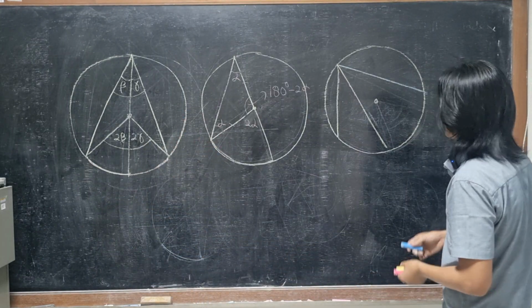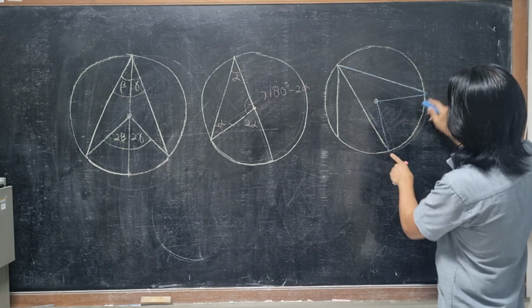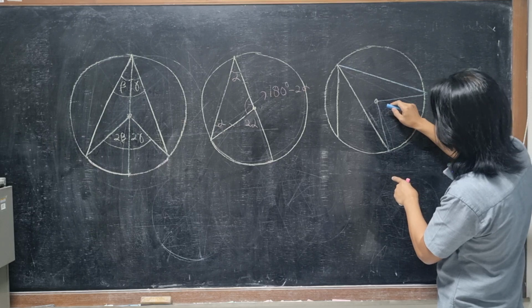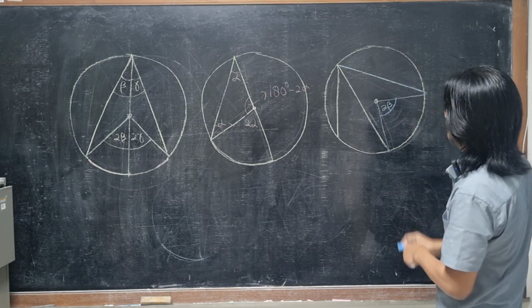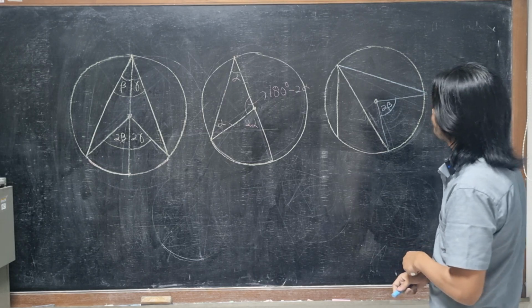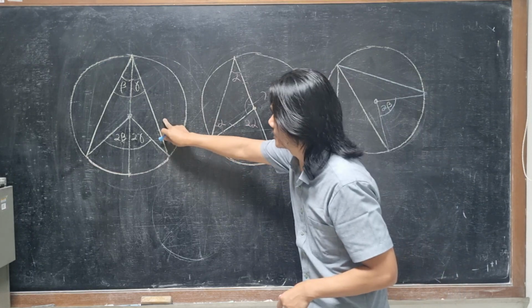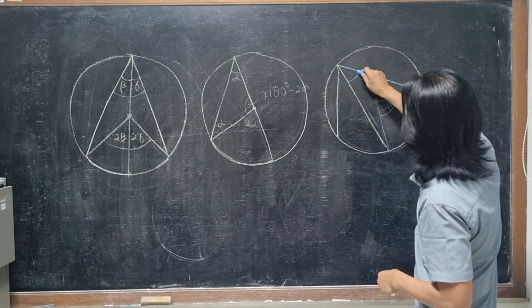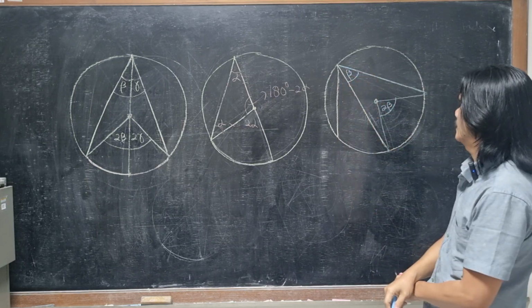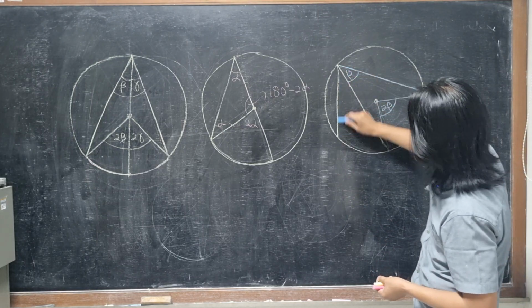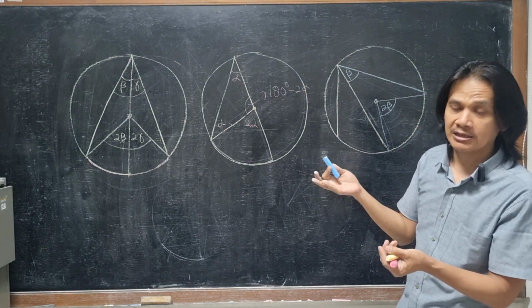According to the second case, if we look at this central angle and call it twice beta, then this inscribed angle must be beta. Now again, if you look at this triangle, where is the central angle?